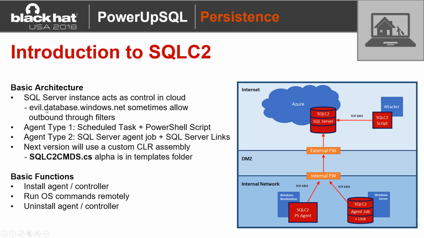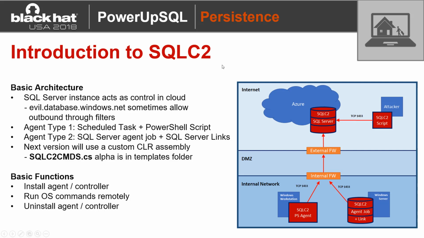When you do that, it creates them off of database.windows.net. Many people are poking holes through their WAFs or firewalls so that their SQL Server clients can connect directly to the Azure instance on port 1433. As an attacker, we can leverage that as an outbound channel as well, if it's not being restricted to an IP or subnet, right?